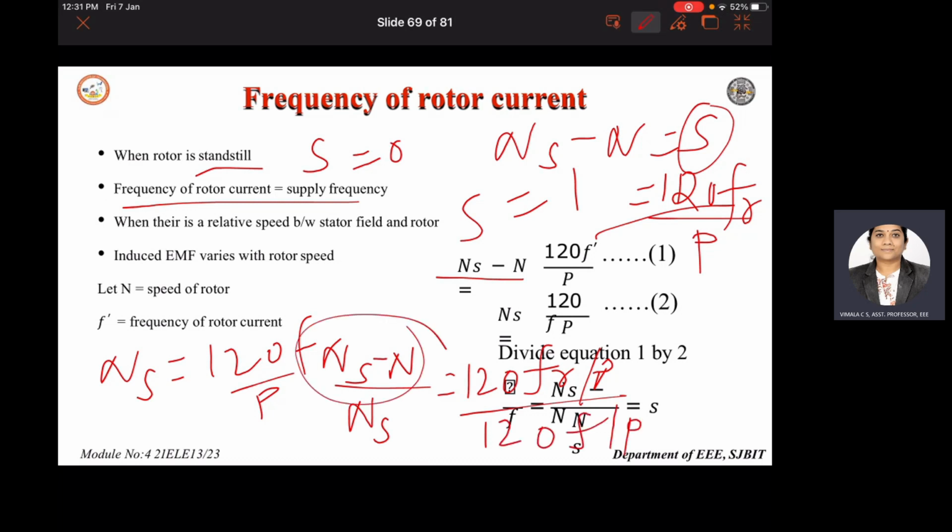So S is 120 Fr by P over 120 F by P. P gets cancelled, 120 gets cancelled. So S is equal to Fr by F. The rotor frequency is nothing but slip times the supply frequency.